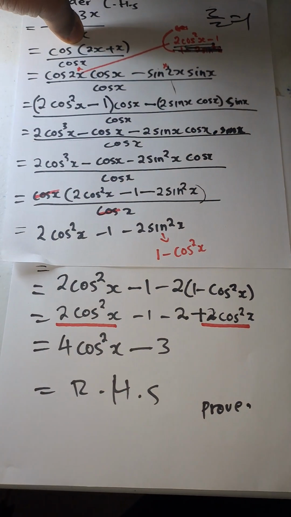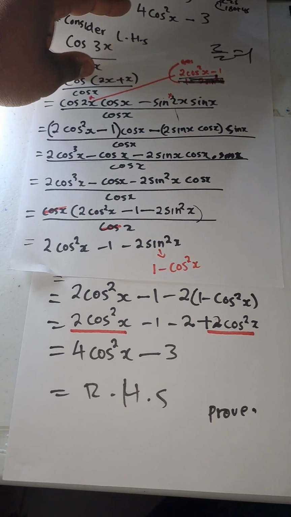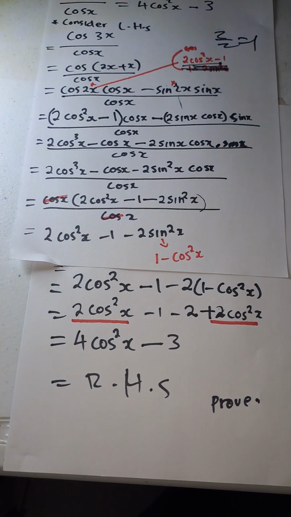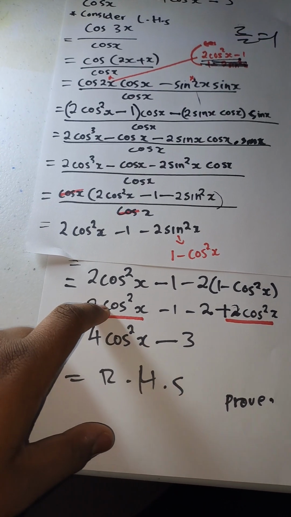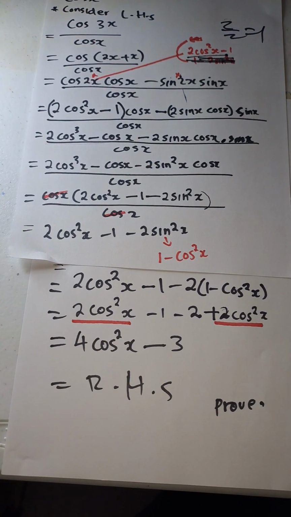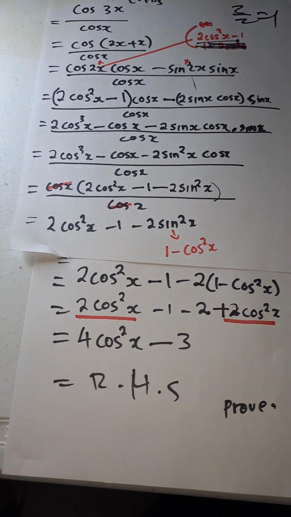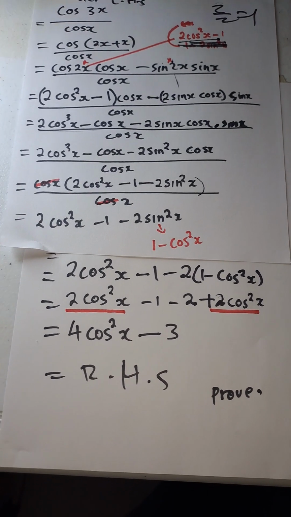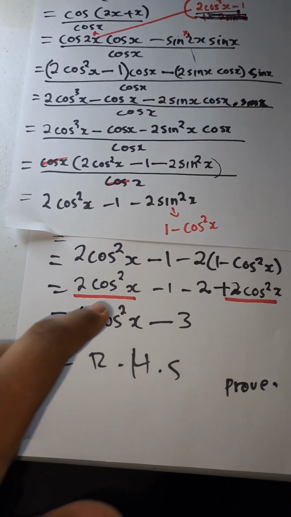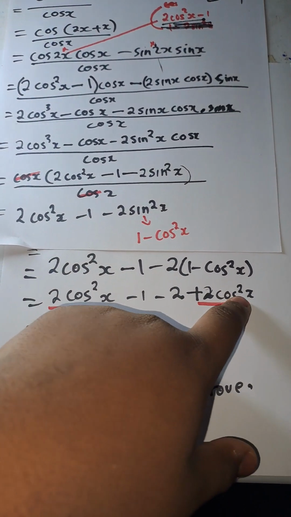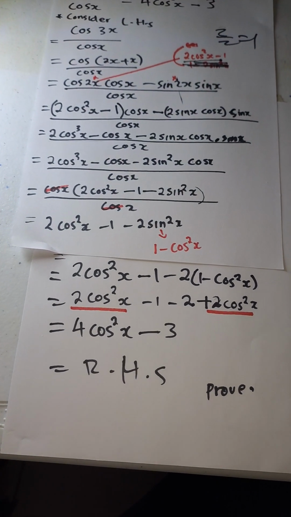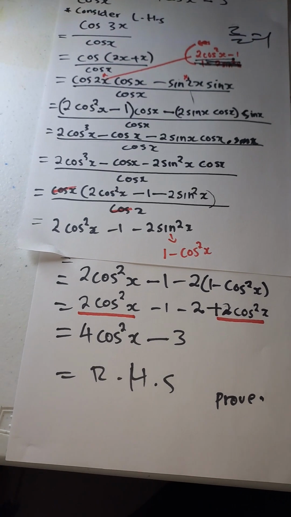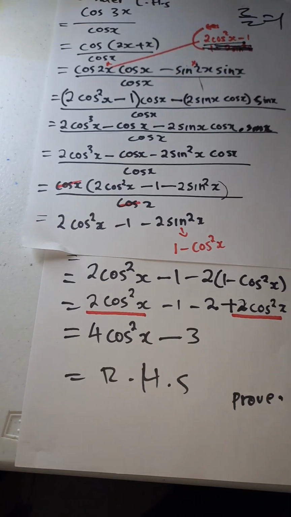As long as you can see, the proof is saying the answer must be 4 cos squared x. So don't rush to change this cos squared x. I know that cos squared x can be 1 minus sin squared x, right? But since the proof was starting with something like cos squared x, leave it as 4 cos squared x and change the other one. The answer is out. That's how we do the thing there. Okay, so I hope it's fine, guys, and I hope you enjoyed. Thank you very much.